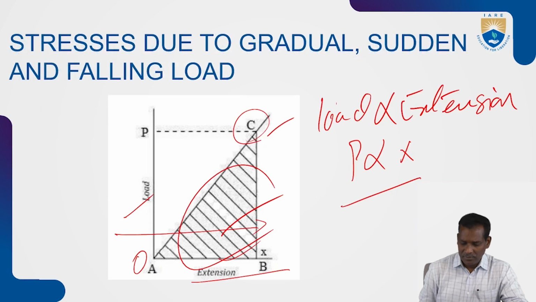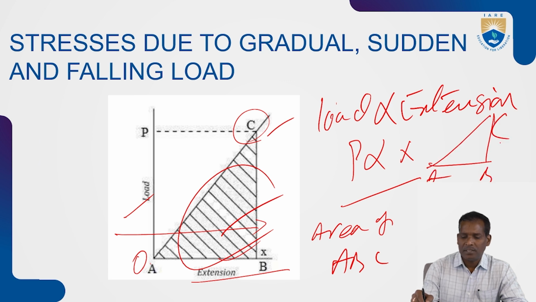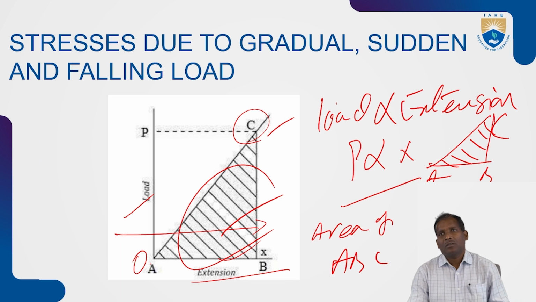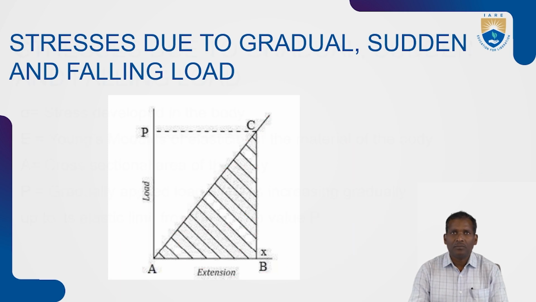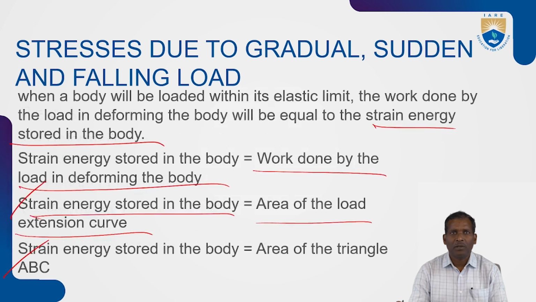So what is the area of ABC? The area of a triangle is half into base multiplied with height.